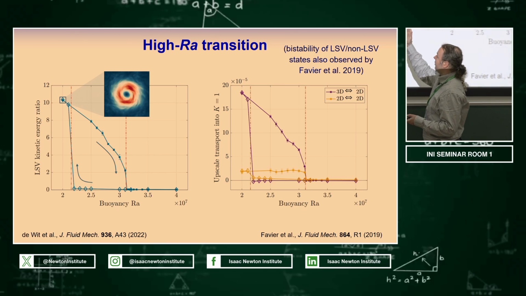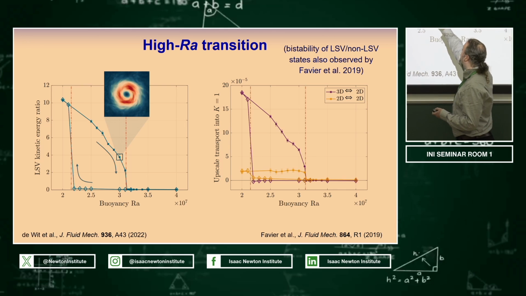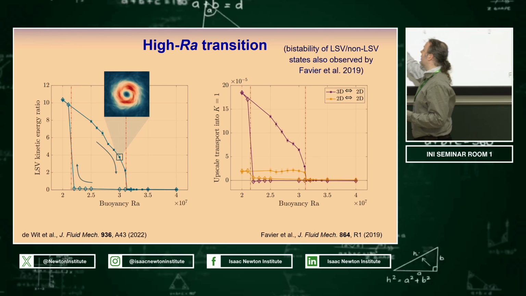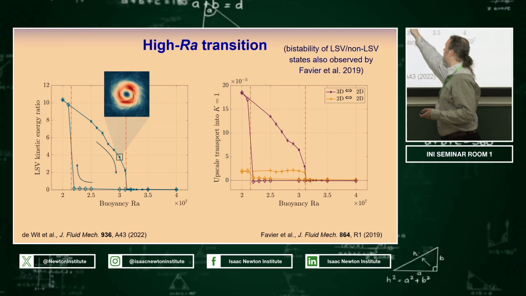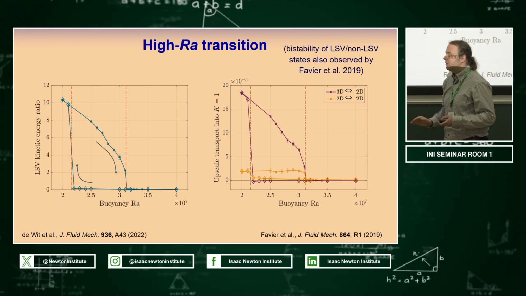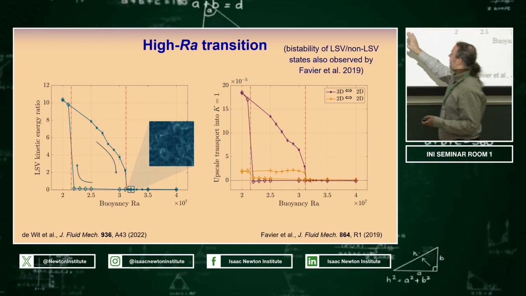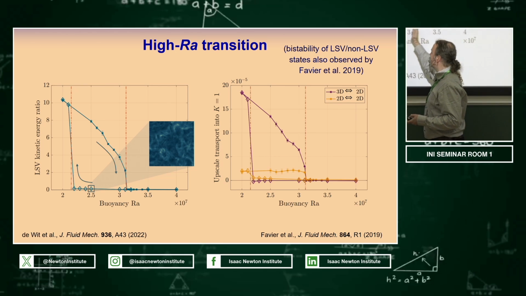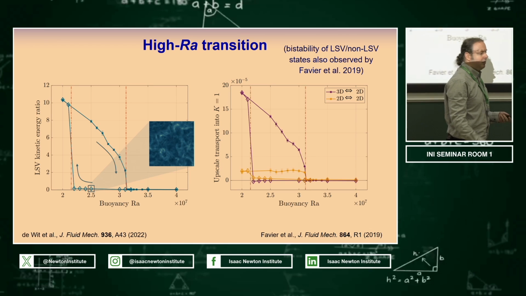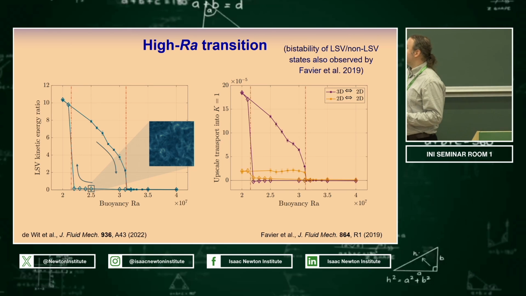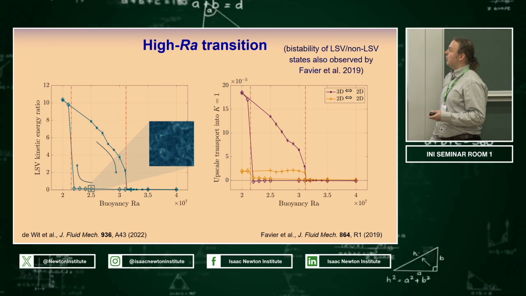If I start from the left with a large-scale vortex as a starting point, I can maintain the large-scale vortex for quite some range in the Rayleigh number until there's some moment where this finally vanishes. And likewise, if I start off with a situation that is just beyond the transition, where there's no large-scale vortex, this will be sustained for quite some time downward. This is this very nice hysteresis loop that is described here, and it's also perfectly mirrored in the upscale transport.